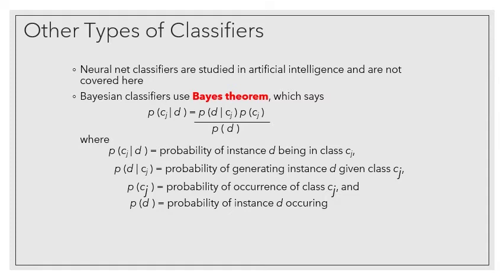The class with maximum probability becomes the predicted class for instance D. So the Bayesian classifiers use Bayes' theorem, which says the probability of instance D being in class Cj is the product of the probability of generating instance D given class Cj and the probability of occurrence of class Cj, divided by the occurrence probability of instance D.